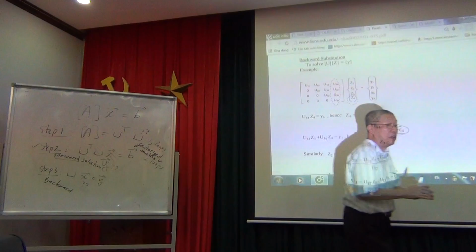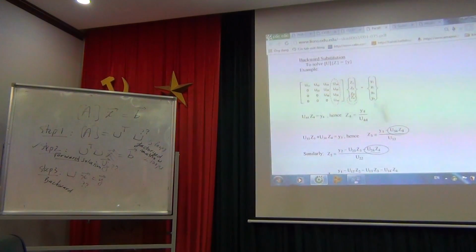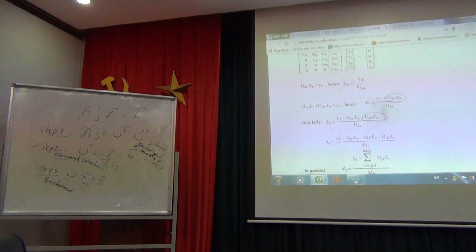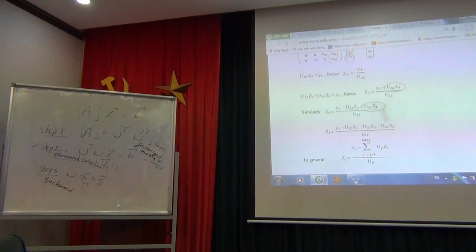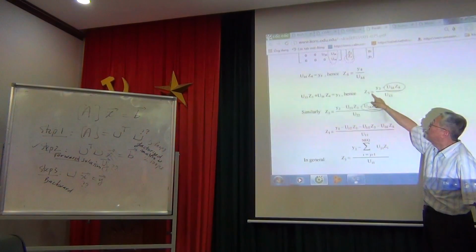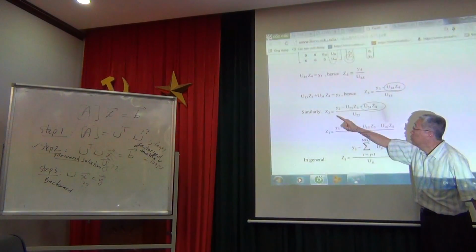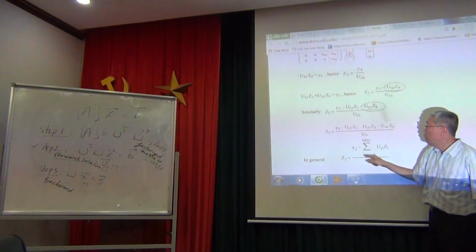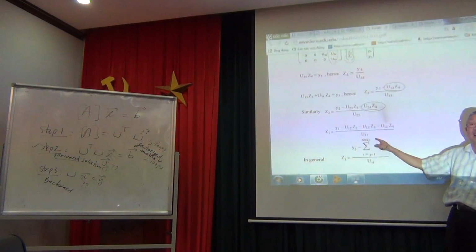So the general formula is here. You solve for Z3, then you solve for Z2, then you go backward and solve for Z1, and this is the general formula. Agree?